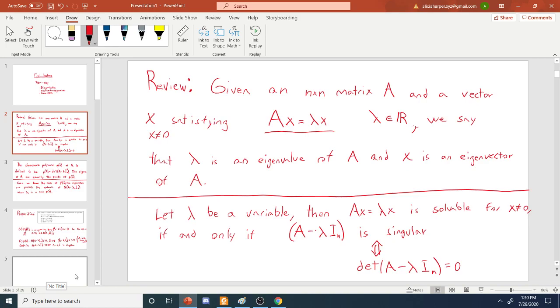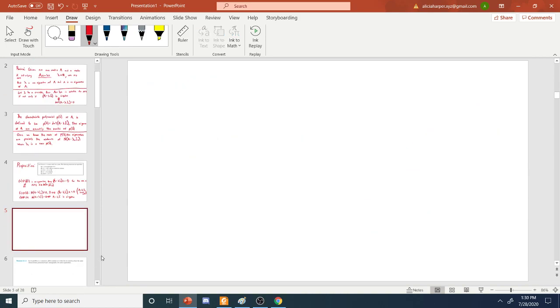So let's do an example. Say we run with the example A is equal to 2, 1, 1, 2. Then A minus lambda I2 is the same thing as 2 minus lambda, 1, 1, 2 minus lambda.